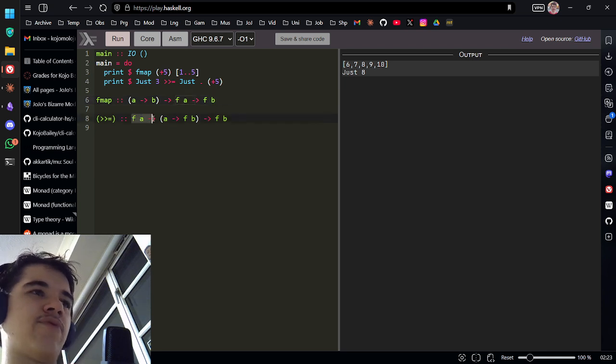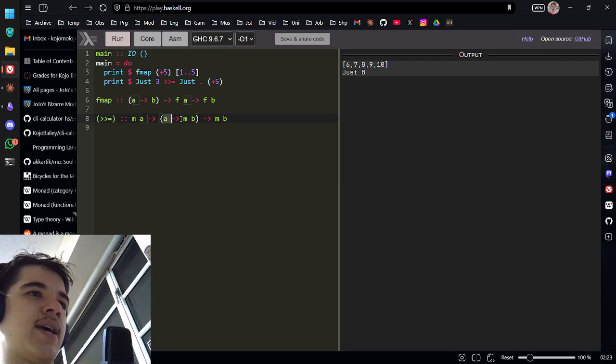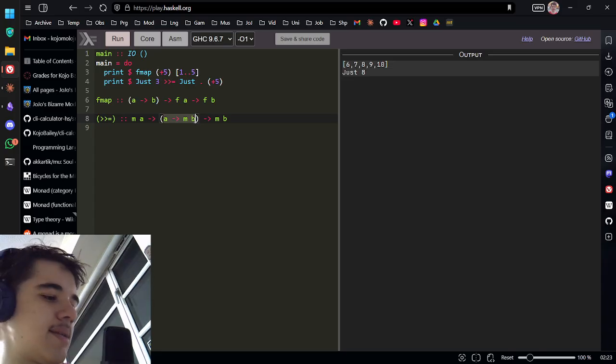Okay, and then for monad, we're doing M. What we're doing is we're taking the category, right? A monad is a monoid, so it's just one in this case, like one object. We're applying a function or a morphism that returns the same category.